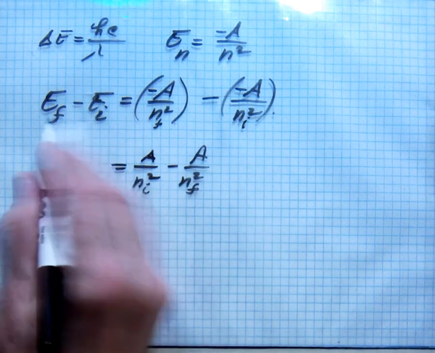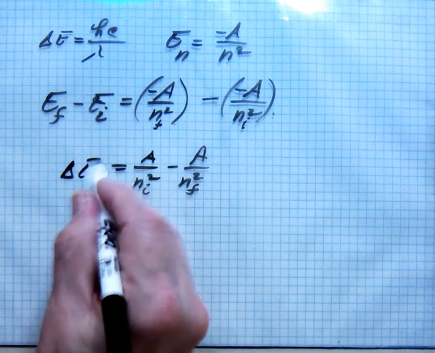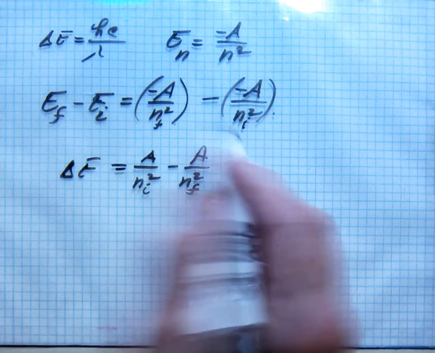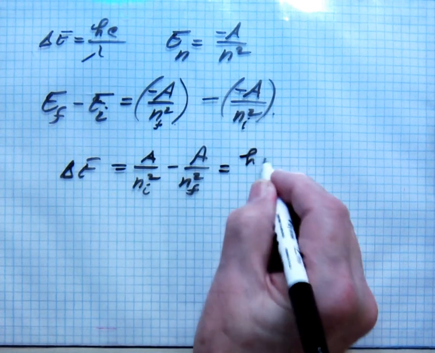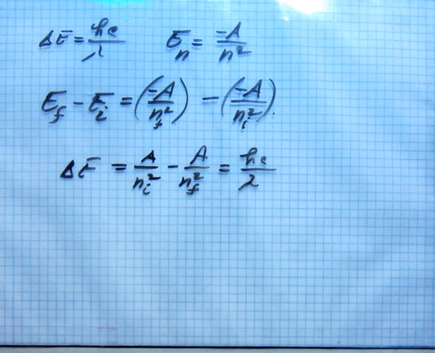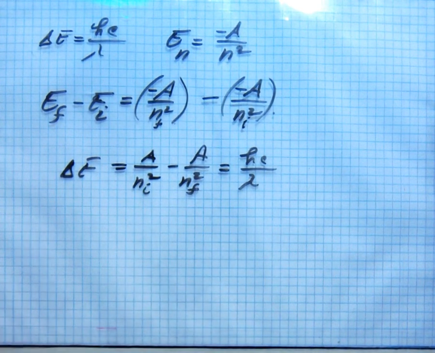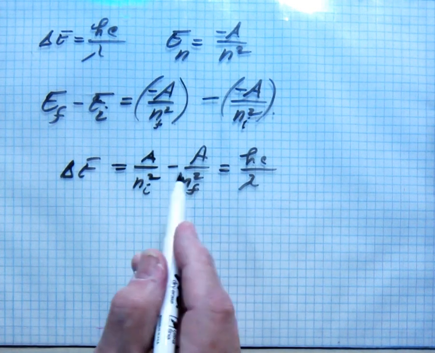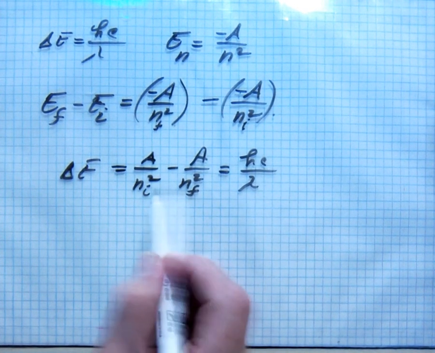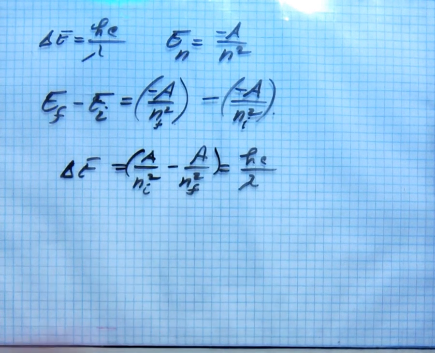And that equals delta E, which is equal to hc over lambda, yes? So that's why I say you can connect this transition. We already did that earlier, and we found out they match. 3.03 times 10 to the minus 19 using this equation matches the calculation we used for this equation right here.